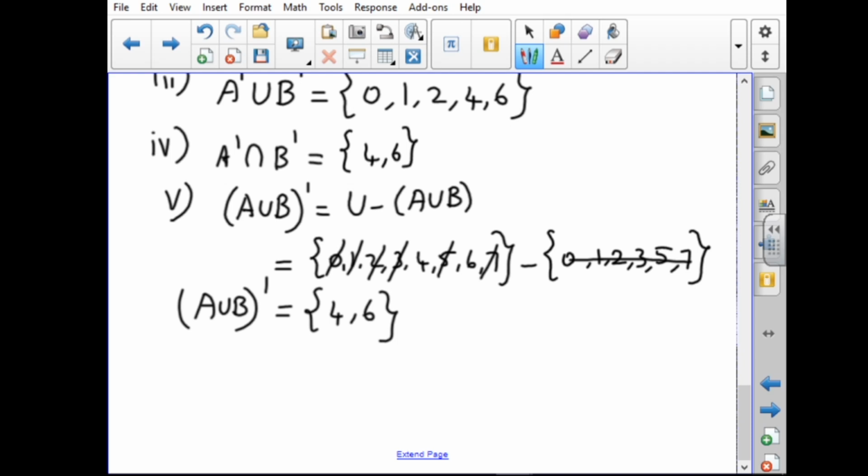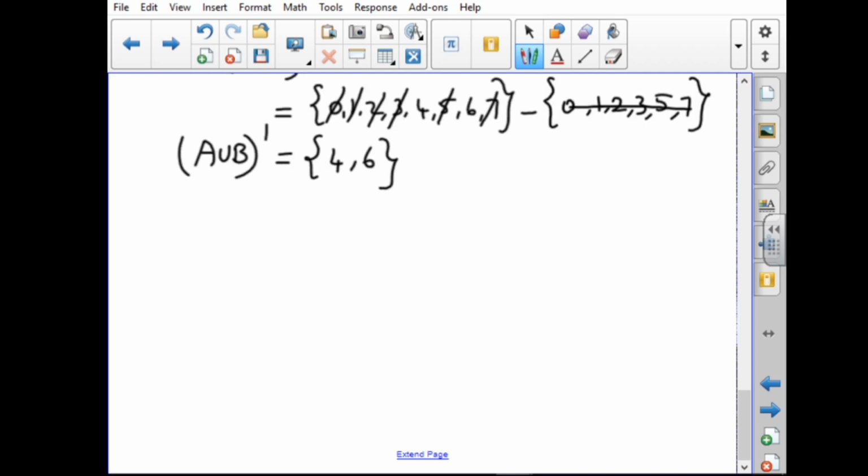The next one, the sixth one, A intersection B whole dash.